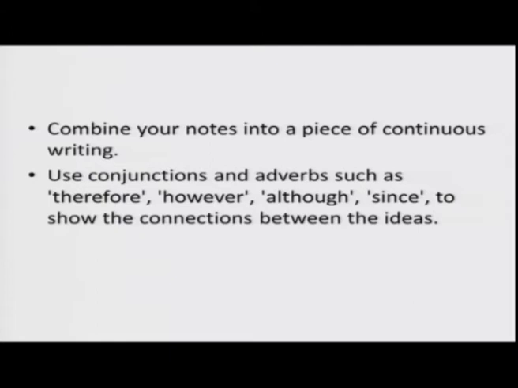So, very clearly, if you want to write a good summary, the following things are involved. First, a good reading, so that you understand the key points, the purpose, the attitude, all those things. That is point number 1.